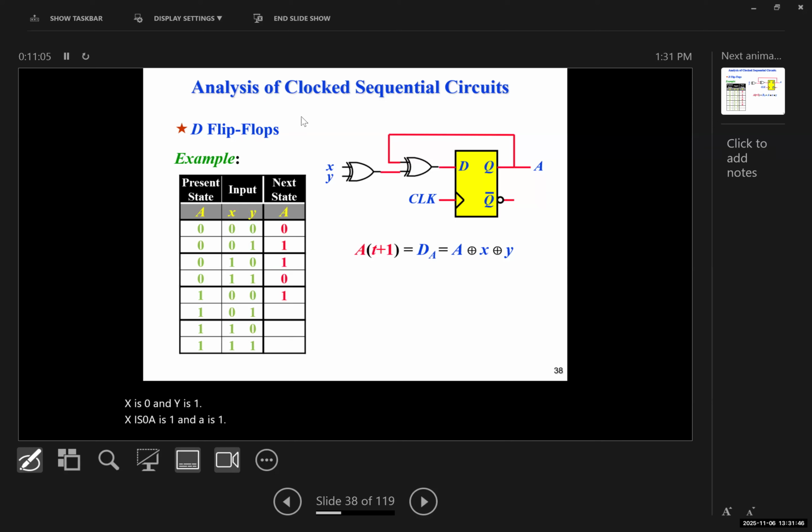So this is 1, this is 0 and 1, 1 and 1 gives us 0. Thank you. And the next one, A is 1, X and Y are 1 and 0. Again, gives us what? 0. And the last one, if all of them are 1, 1 and 1 gives us 0, and 1 and 0 gives us 1. So it's going to be 1.